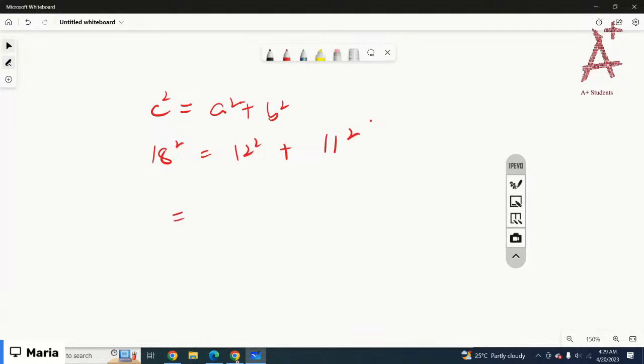So 12 square is 144, 11 square is 121. 18 square is 324. So when you add them, it makes 265. They are not equal. That means the measurements are of a not right angle triangle.